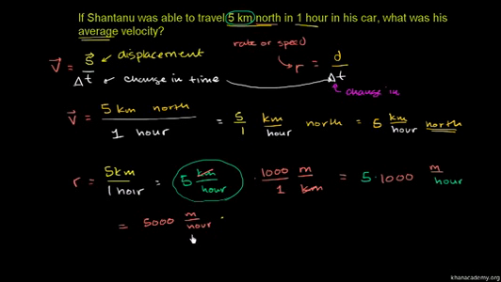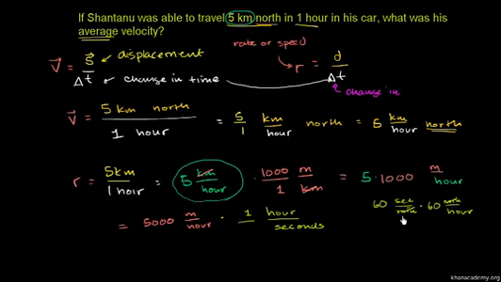So we want to cancel out the hours, and we want to be left with seconds in the denominator. So the best way to cancel the hours in the denominator is by having hours in the numerator. So you have hours per seconds. So how many hours are there per second? Or another way to think about it, 1 hour, think about the larger unit. 1 hour is how many seconds? Well, you have 60 seconds per minute times 60 minutes per hour.